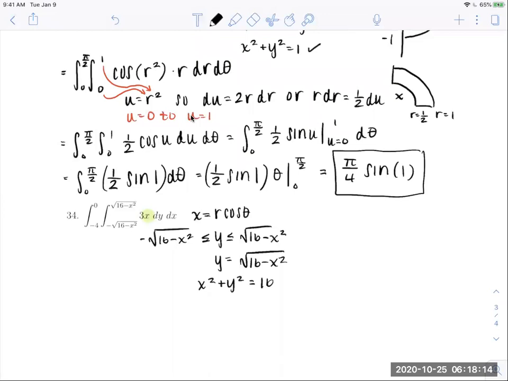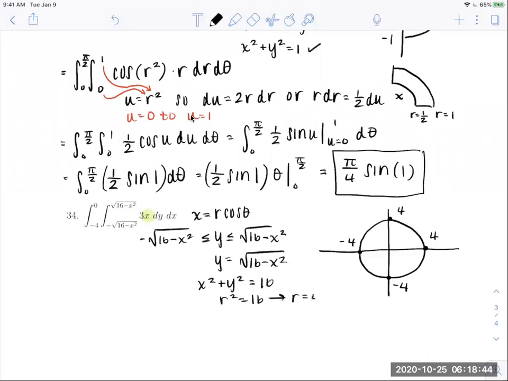So I'm going to sketch the entire circle of radius 4. So I'll indicate my radius here. And I'll also note that that equation transforms to r squared equals 16. But remember, we're assuming here that r is always positive. So we'll write it as r equals 4.